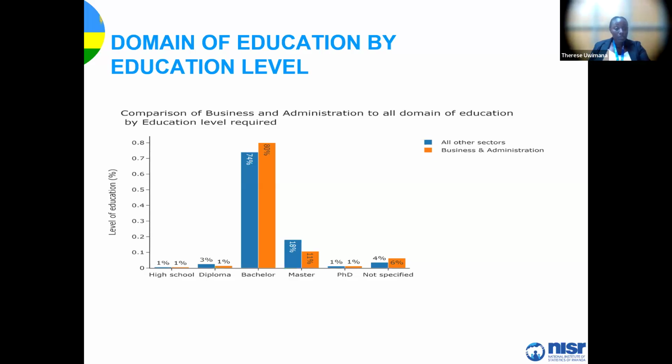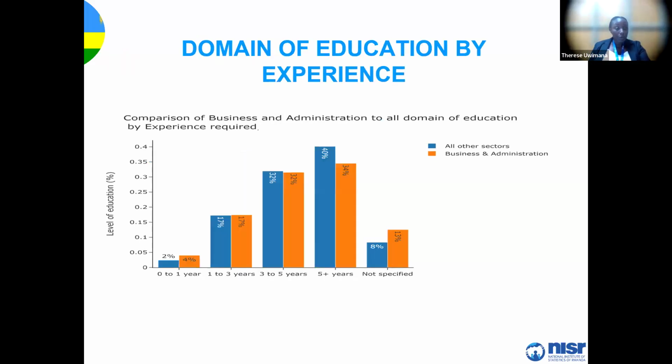If you go to the next slide, we could also see the domain of education by experience, and mostly 3 to 5 years of experience was the most wanted in business administration, and 5 plus years. So those were some insights we could compute out of the web scraping. But as I shared, this project was paused, and we are exploring how we can develop APIs instead of web scraping. Next.